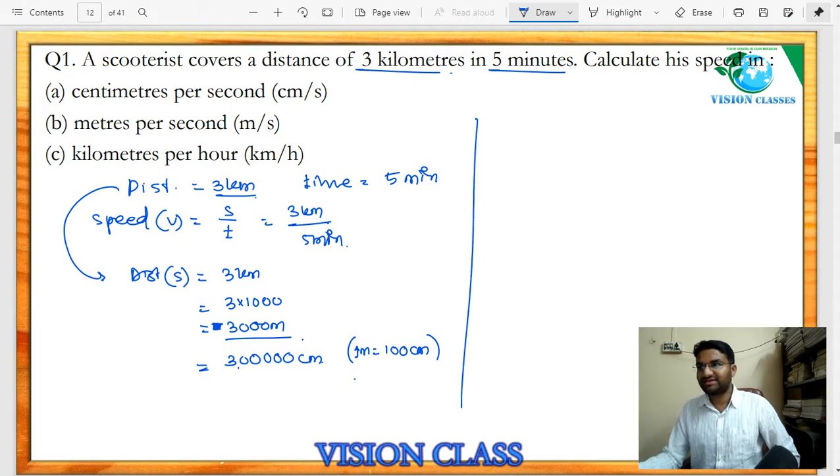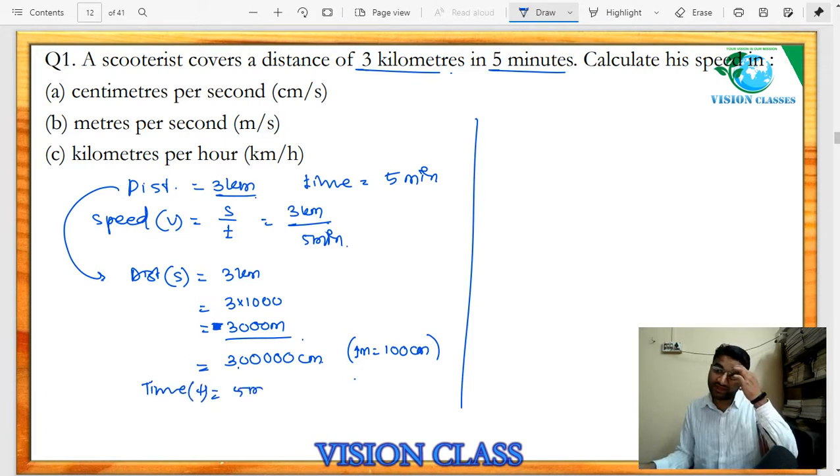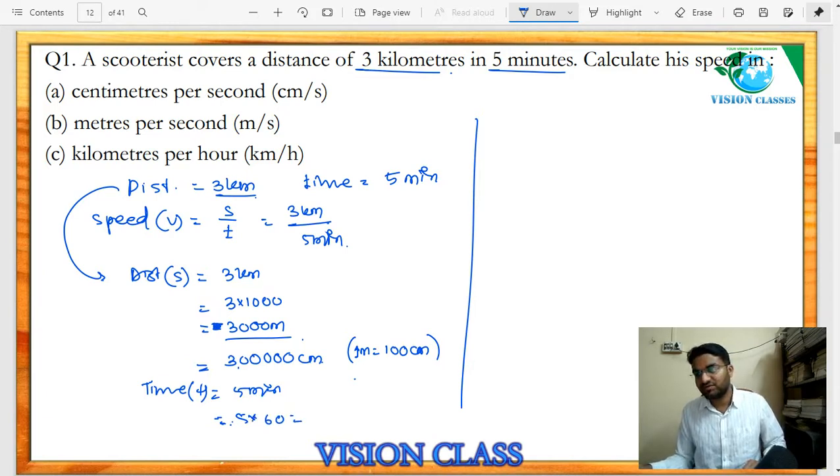Then for the time, t is equal to 5 minute. If you take it into seconds, it's 5 into 60, 5 sixes are 30, so 300 second.